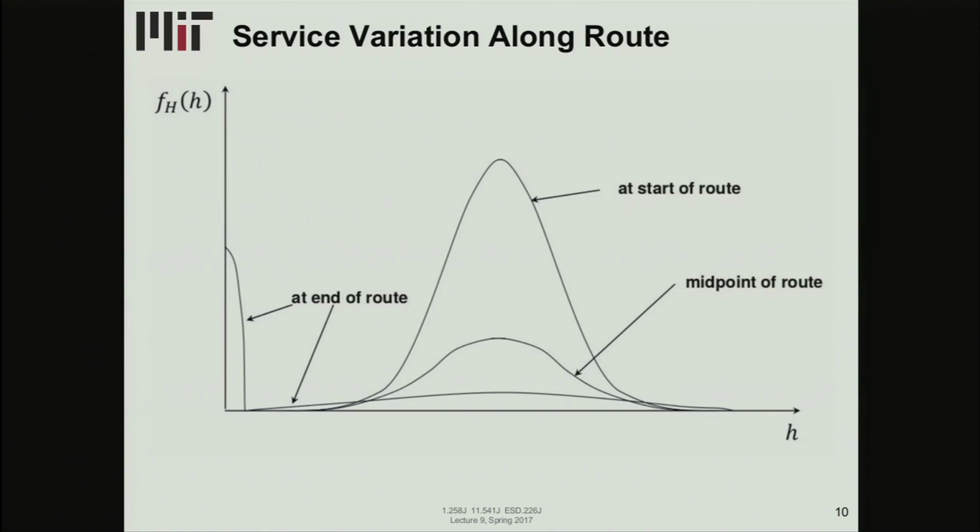Maybe the boarding process at the first stop introduces some perturbations, but it's essentially bell-shaped and has less variability. As you move to the middle of the route, you'll see that the bell is getting fatter and fatter tails, right? So more variability in the headway because of the bunching process that we just described. And usually by the time you see bunching, which could be at the end or before the end, you'll have this distribution with two spots.